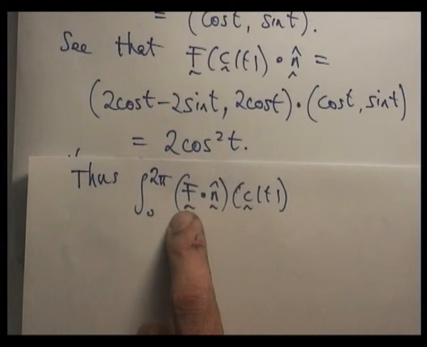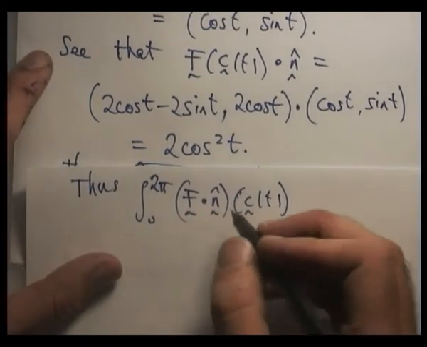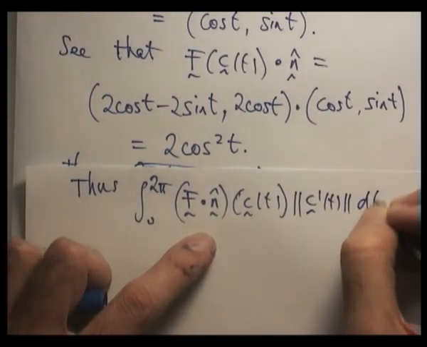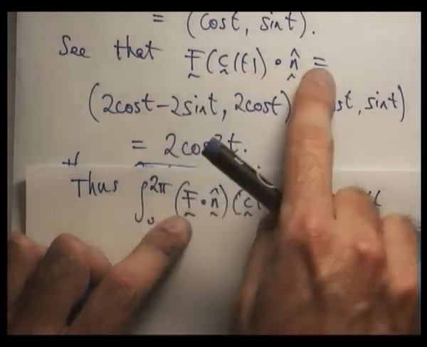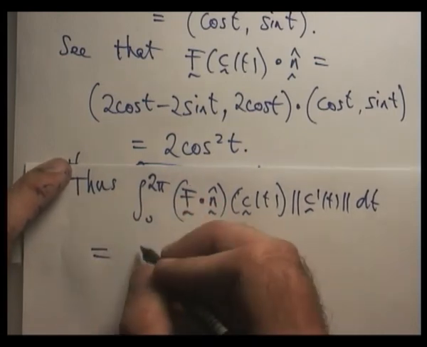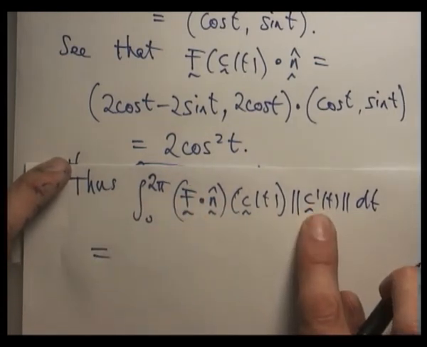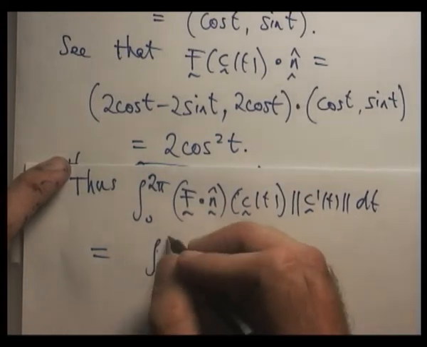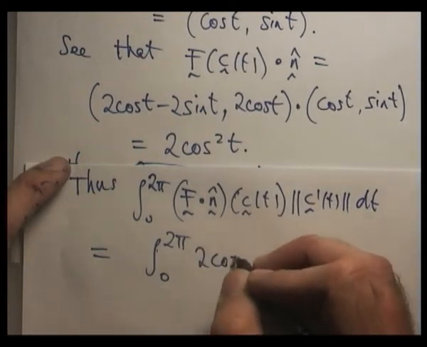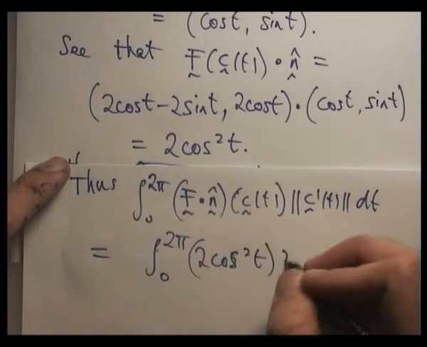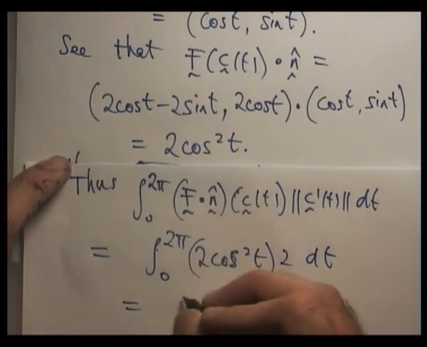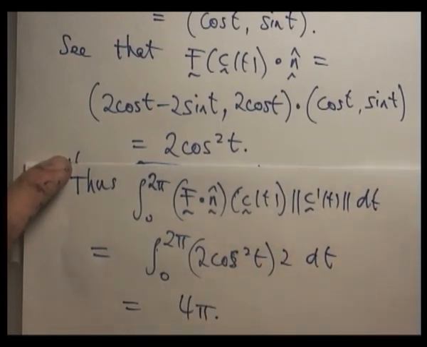So this is along c of t, right? And we multiply this by this. So I guess up here I've sort of abused the notation a little bit. The length is going to be 2. So the whole thing breaks down to 2 cos squared t times 2 dt. Now, if you calculate this, it will be something like 4 pi.